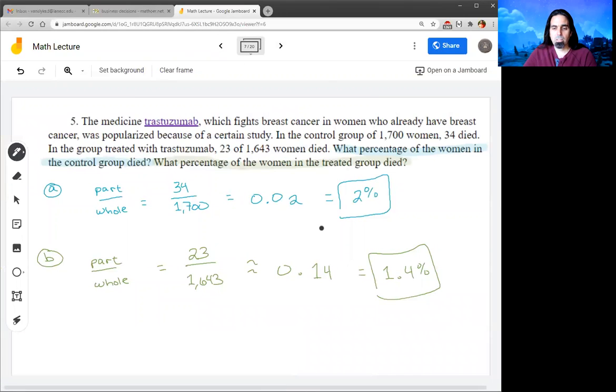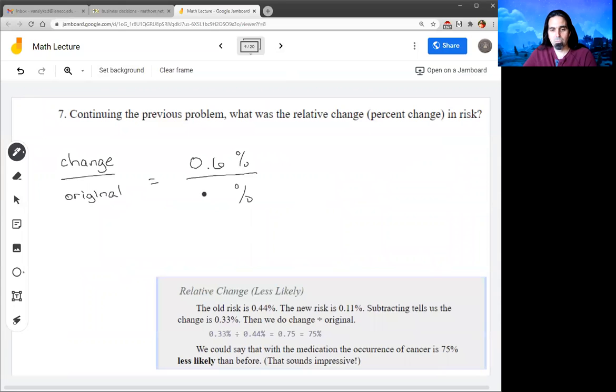Well, the original is that you haven't had any medicine put in you yet, right? The 2% is the original state of things. So if I have 0.6 divided by 2, I get 0.3. So 30%.